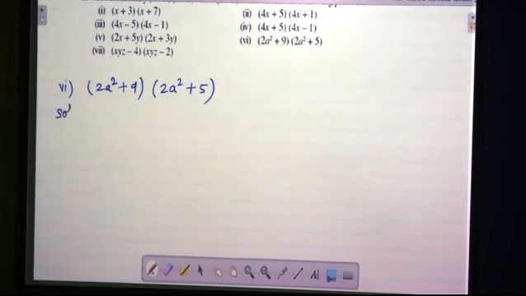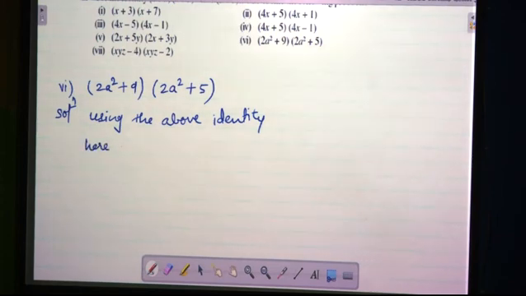Same statement as mentioned previously, using the above identity. Above means where it is given in the question. Using the above identity, here x is equal to 2a square, a is equal to 9, b is equal to 5.